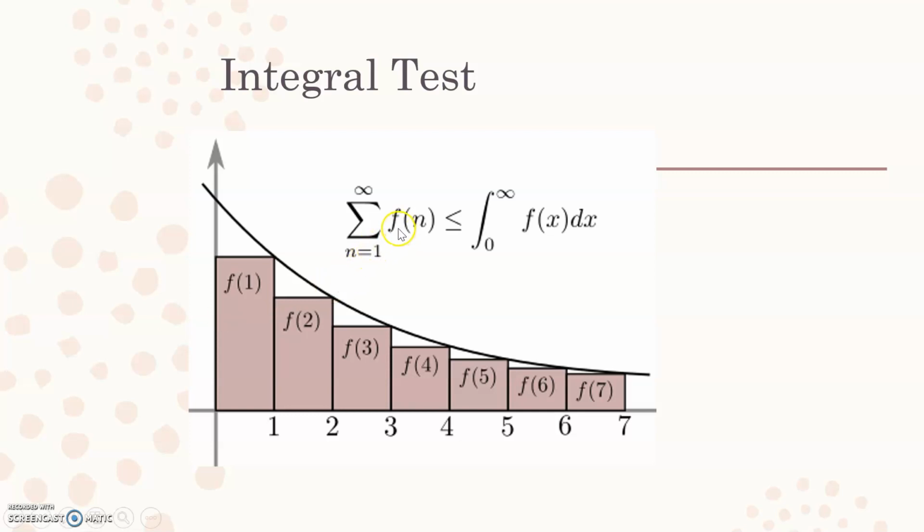We're going to see if we can create a function out of the description of our term, and if that function decreases, then when we draw right-hand rectangles at the integers, we're getting all of our terms, and then if the integral converges, then so does the series, because the integral would be larger than the sum of the areas of all of these rectangles.